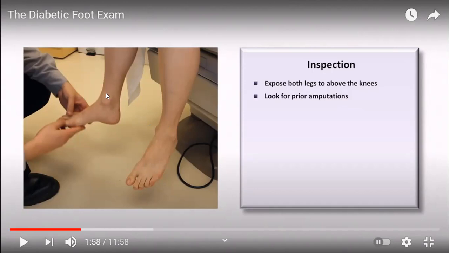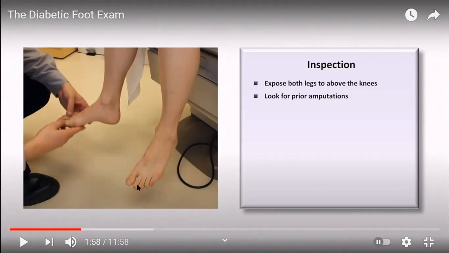Like to see this lady's feet, you can see the color. It is okay, a little bit pink. Blood supply is good. And for symmetry, when you check one, you have to check the other at the same time. It's called symmetry.